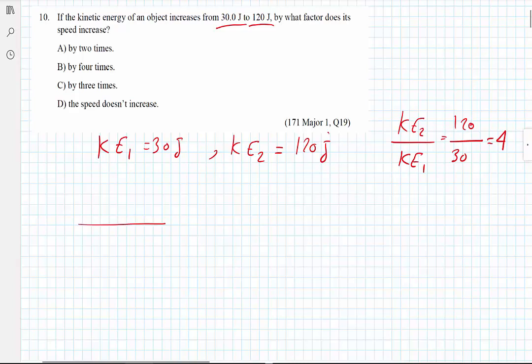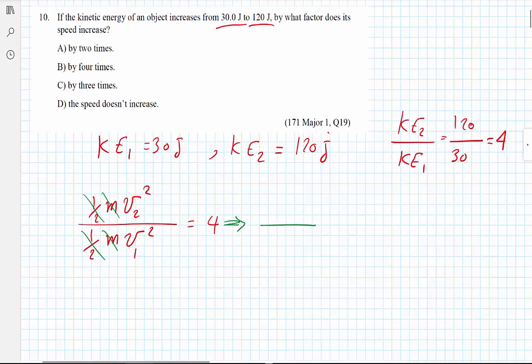And let's substitute. The second kinetic energy is half times m times v final squared. The first one is half times m times v initial squared. That's equal to 4. So we can divide both numerator and denominator by half and by m. So we can remove the half with half and the mass with mass.